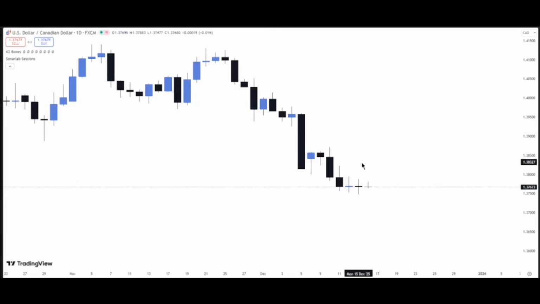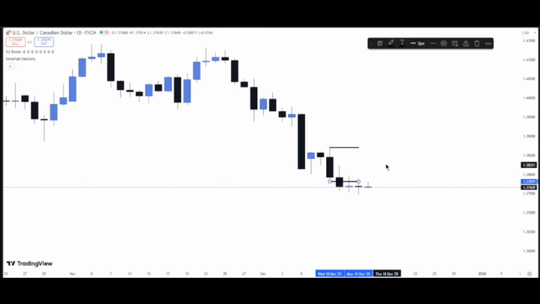So what we want to do is grab your horizontal tool, mark the high of this candle. So simple. So I'm going to mark the low of this candle as well. So that's it. Once you have marked that, we want to go to the lower time frame, which is the 1H, to now look at what I told you about.